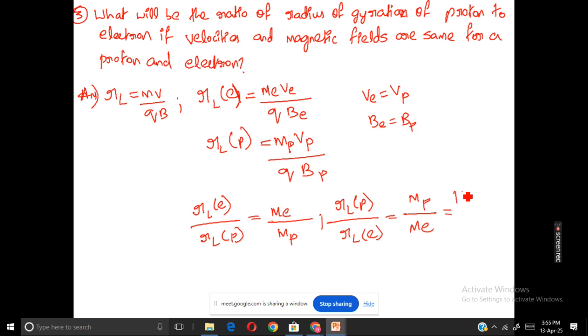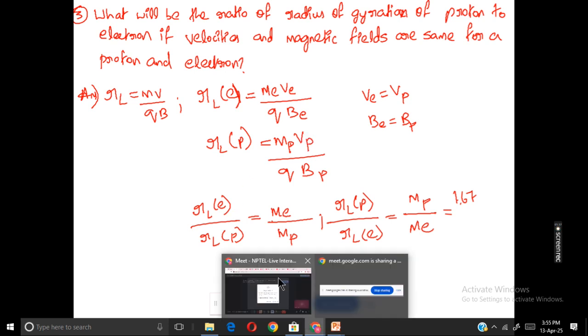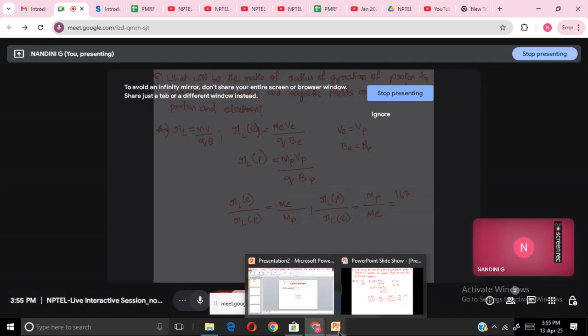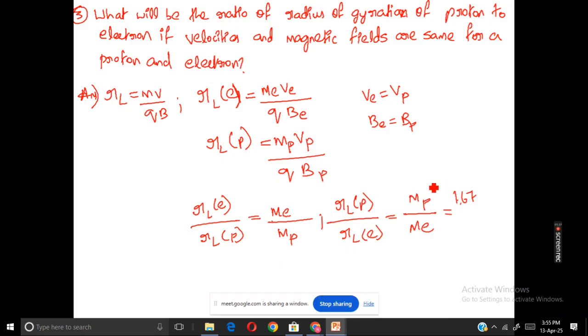Everything else will be gone from the equation. VE and VP are same as given. B is also same. Q is same, we already know that. So it will be ME by MP in case of electron by proton. In case of proton by electron, it will be MP by ME.